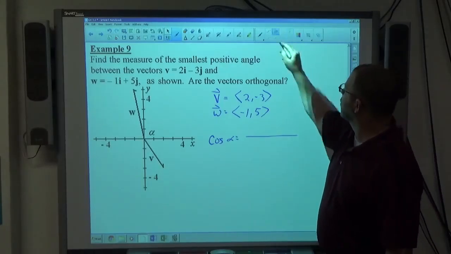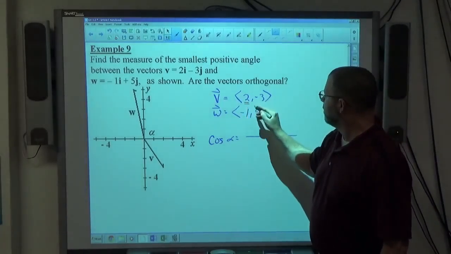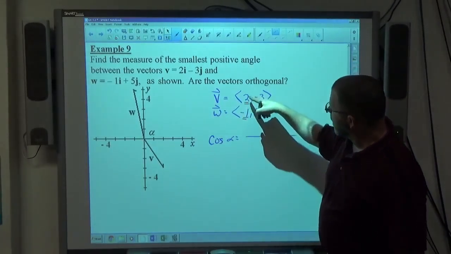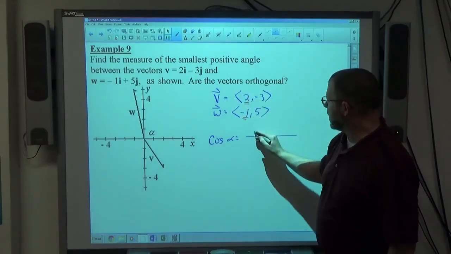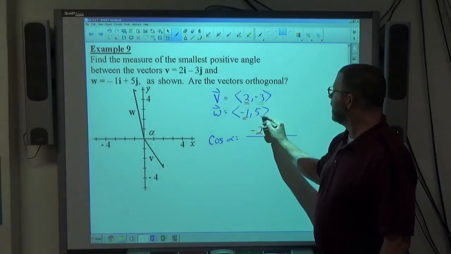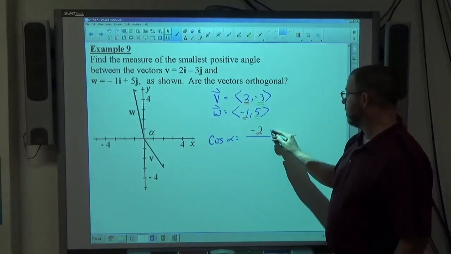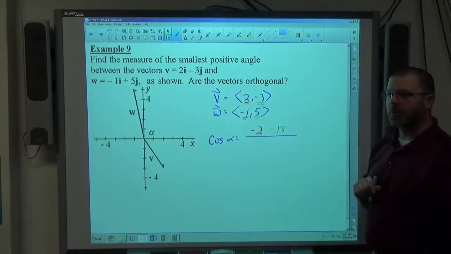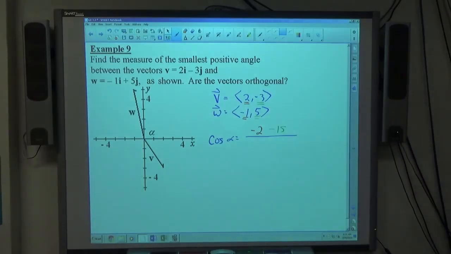So v dot w is just what we did in the last problem. So 2 times negative 1 makes negative 2 for the product of the horizontal components. Negative 3 times 5 makes negative 15 for the vertical components. And again, it's plus that negative, but if I just put minus, that means the same thing.